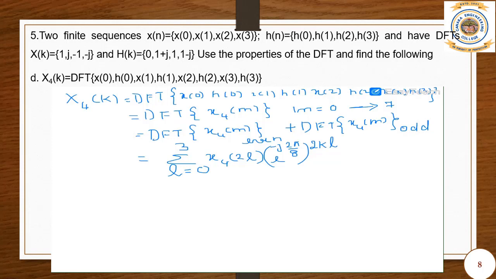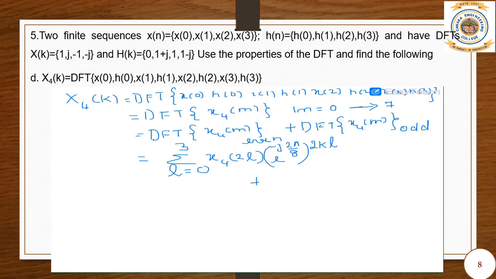So the sequence is, when L value is 0, it is x4 of 0. When L value is 1, it is x4 of 2. When L value is 2, it is x4 of 4. When L value is 3, I will be covering x4 of 6.